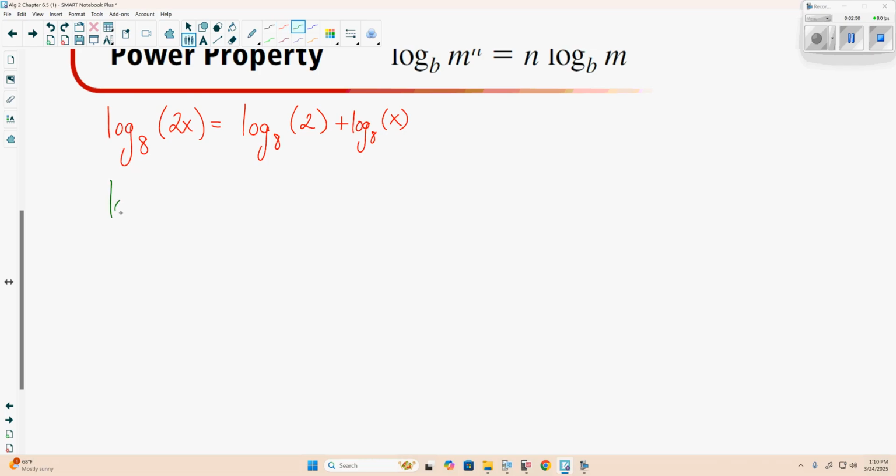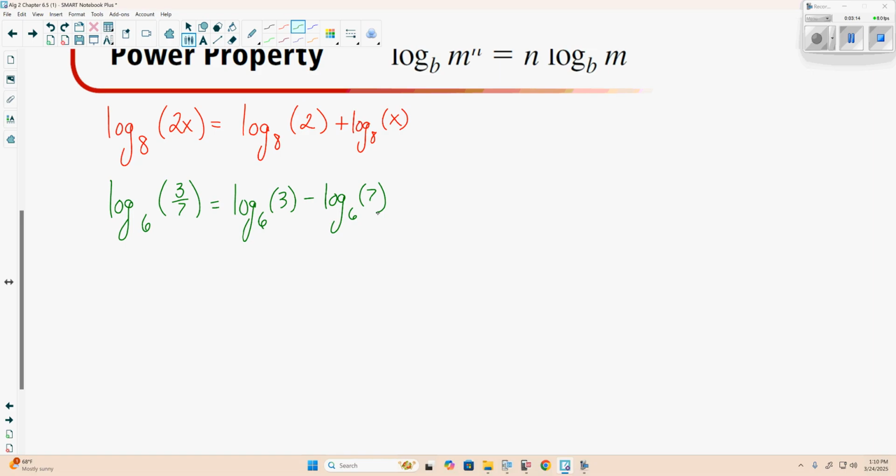Same thing's true with our division. We can say log base 6 of 3/7. Since I have two things being divided inside the log, we can rewrite it as subtraction.